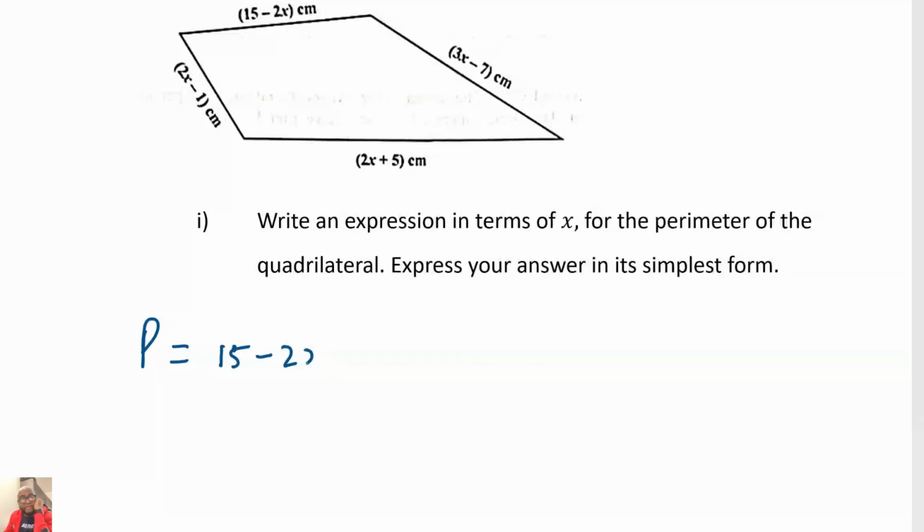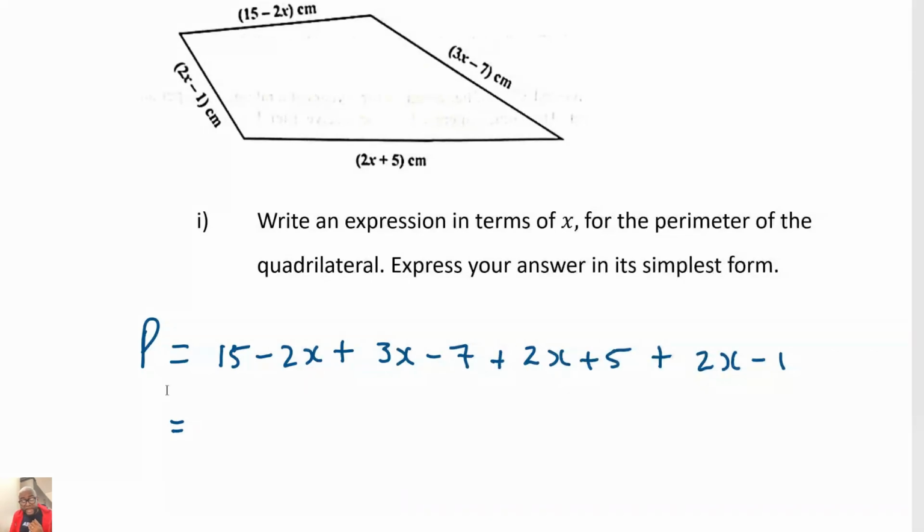We'll start with 15 minus 2x, plus what's next? 3x minus 7. Plus 2x plus 5, plus what? The last one, 2x minus 1, right? They said to write it in its simplest form, so you must simplify it.